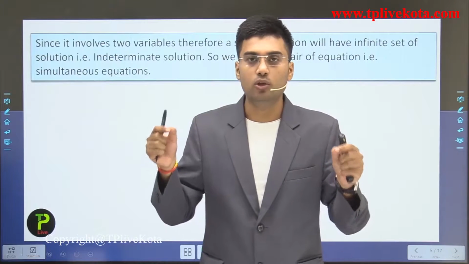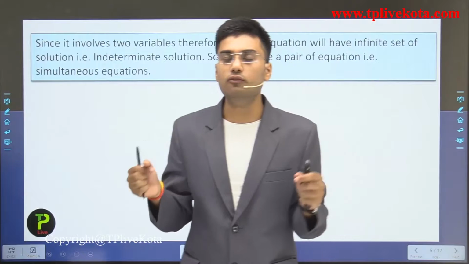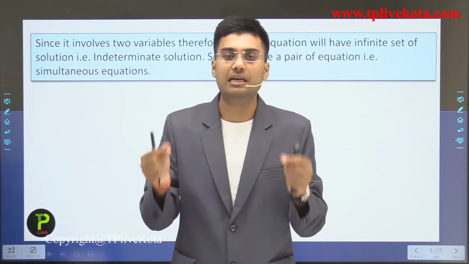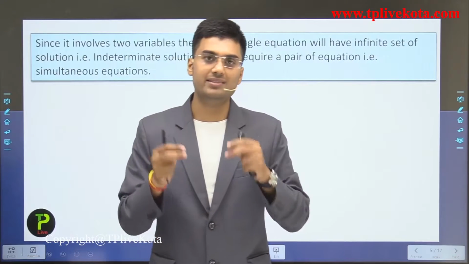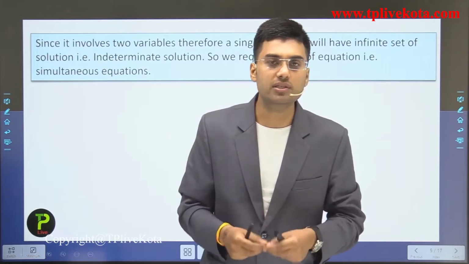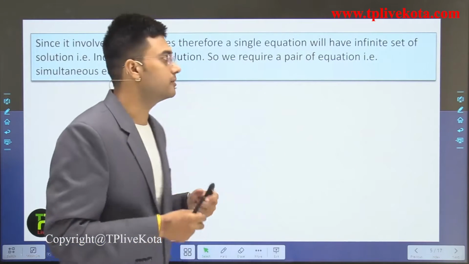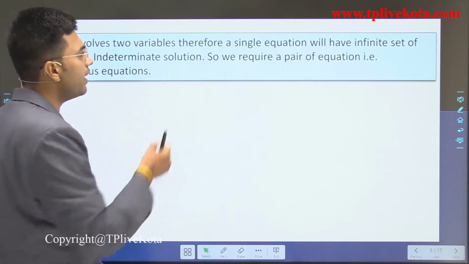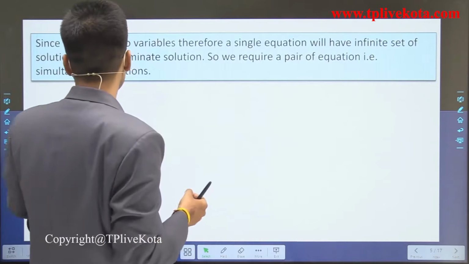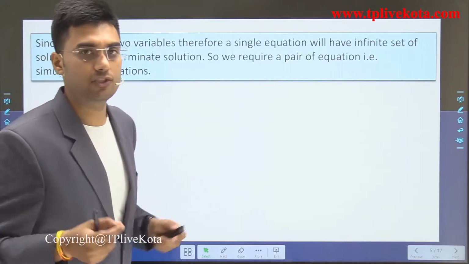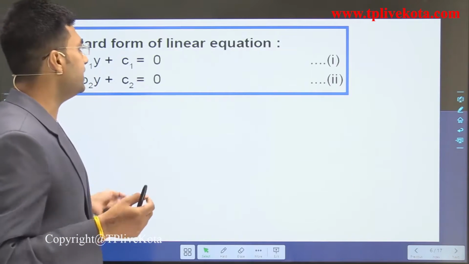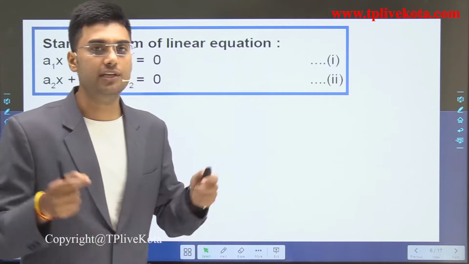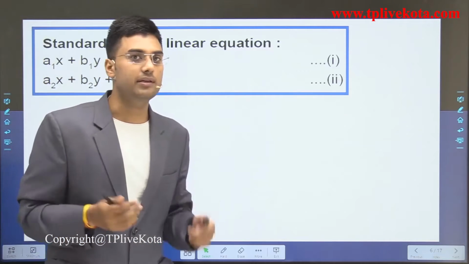So to find the solution of linear equations in two variables, we require two equations simultaneously, or we can say a pair of linear equations in two variables. So we require a pair of equations, that is, simultaneous equations.